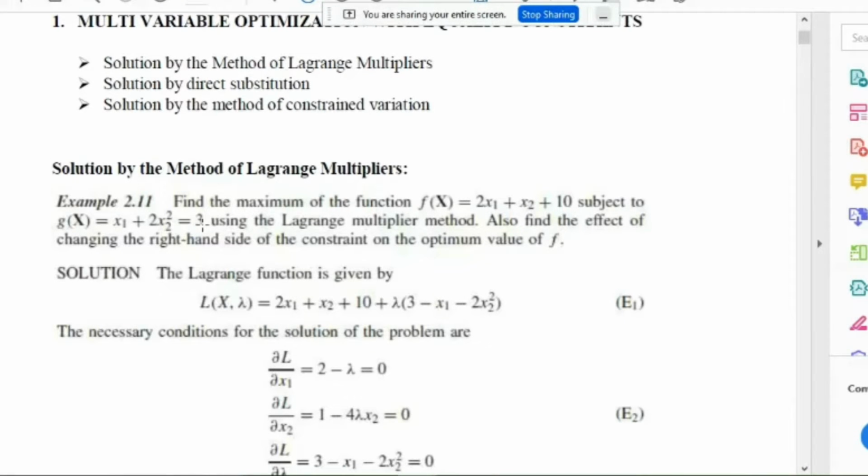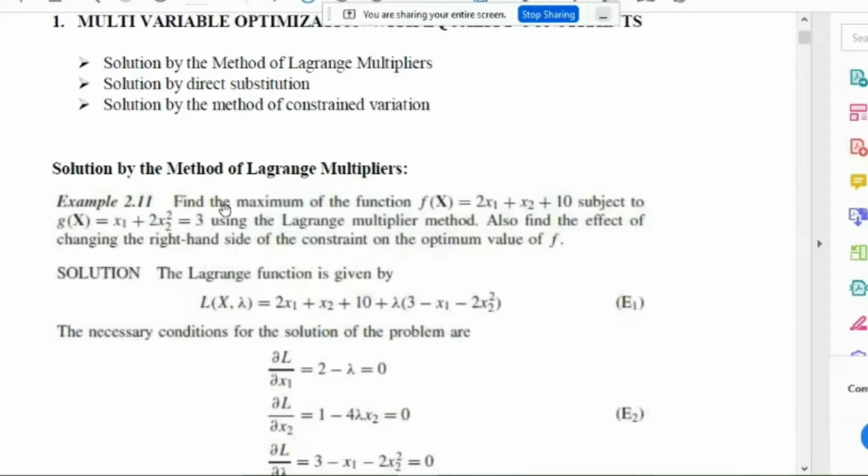That means the right hand side constant must be moved towards the left hand side, or otherwise the left hand side variables can be moved towards the right hand side. It is more familiar to move the right hand side constant to the left hand side, so that x1 plus 2x2 square minus 3 equals 0. In such a way g of x is equal to 0. We have to convert the given equality type constraint before formulating the Lagrangian function.